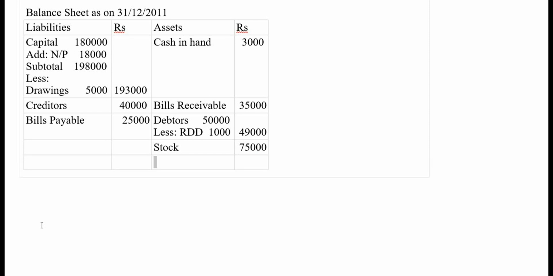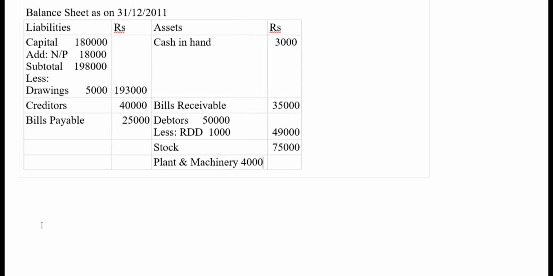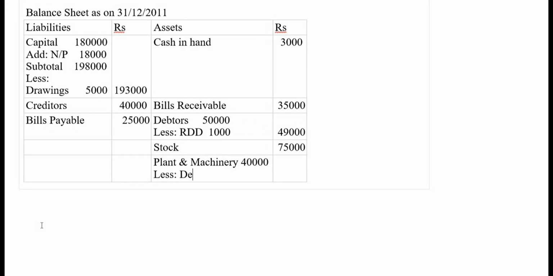Then we have got plant and machinery, rupees 40,000, less depreciation rupees 4,000. So here it will be 36,000. Then we have got building, 60,000.